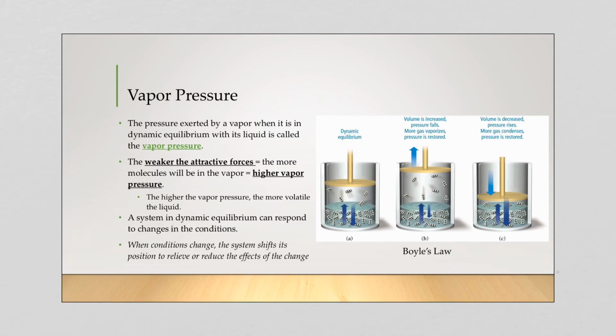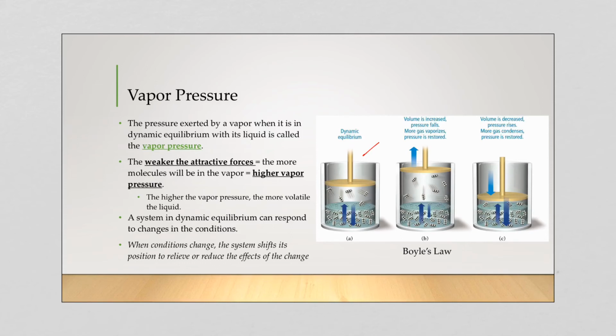So let's take, for example, we have a system at dynamic equilibrium here, and we disturb it. So in this case, we're going to increase the volume by raising the piston. Now, what does this do? Well, it raises the volume, so it's going to lower the vapor pressure, right?